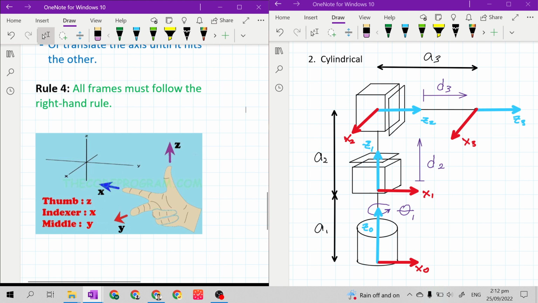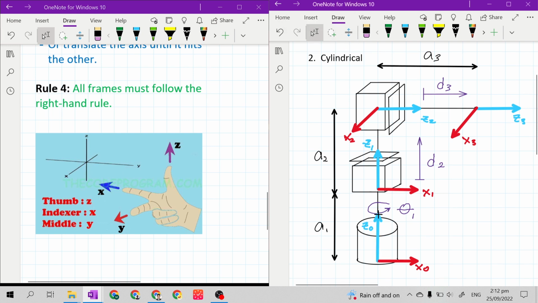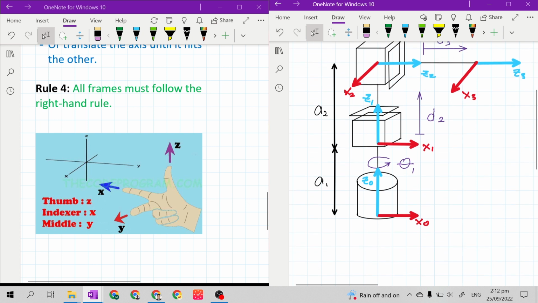Based on the right hand rule, you will draw the y-axis in your kinematic diagram based on the direction of your middle finger. For example, in frame 0, z sub 0 is the thumb and x sub 0 is the pointing finger, or the index finger. Because we are using the right hand here, the direction of the y-axis is backward.